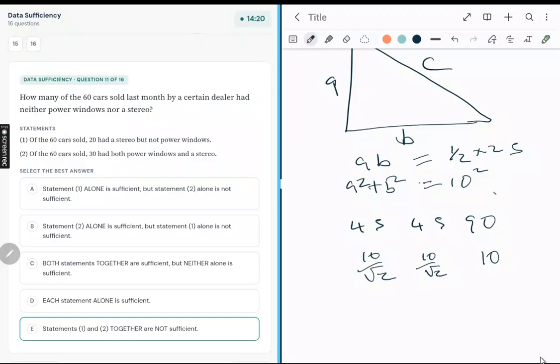So what I'm checking here is simple. There is something in between.